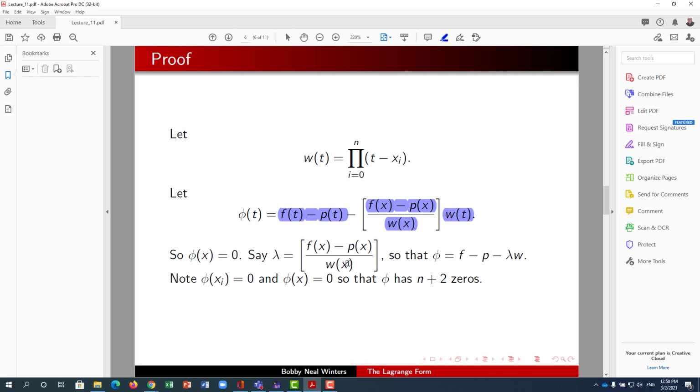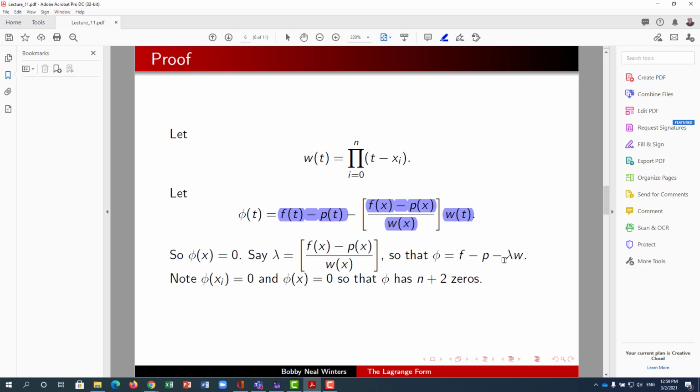Now, since this factor in square brackets depends only on x, and we're a function of t, I'm just going to put a lambda in there for it and pretend that it's constant, so that I can write this all in much shorter form as phi is equal to f minus p minus lambda times w.